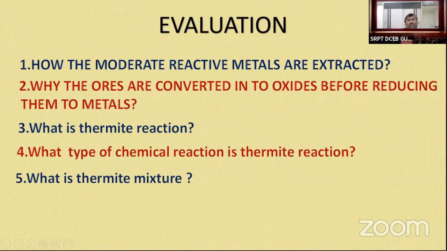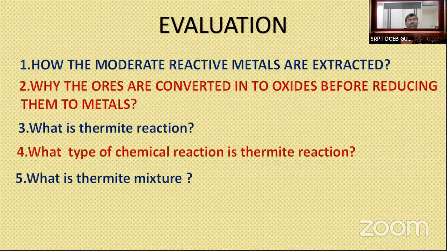How are the moderately reactive metals extracted? You have to write in brief about the steps involved in that. The second question is an interesting one: why are the ores converted into oxides before reducing them to the metals? Why are they not directly reduced when they are in the form of sulfides or carbonates? So what is the thermite reaction?